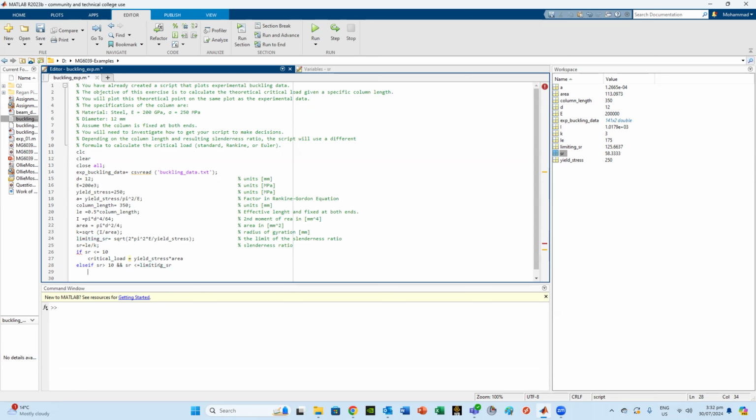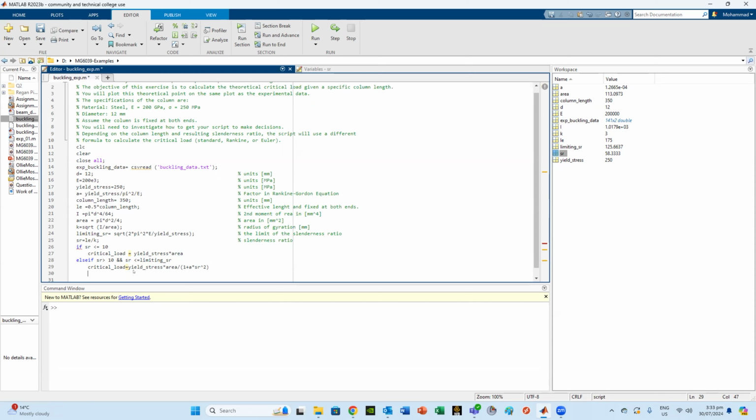Then what we have, critical load, we'll use the method, equals to what? Equals to yield stress again times area divided by, we'll use the Rankine method, 1 plus A times slenderness ratio, SR, all of that squared, to the power 2.